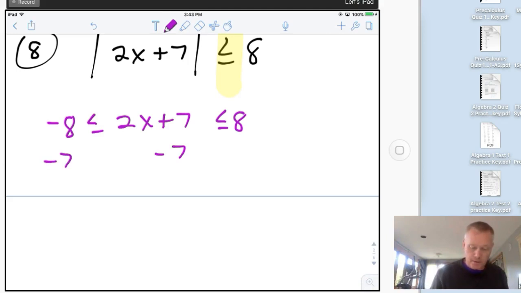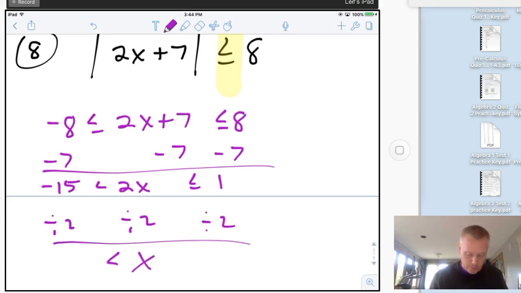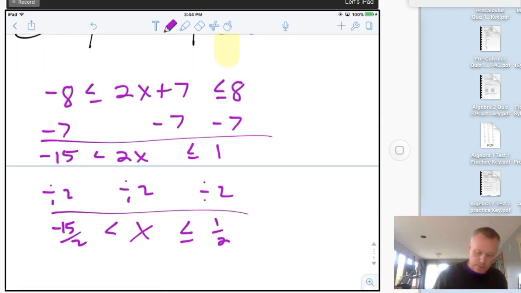After subtracting 7, I've got 2x, negative 15 and 1, and then divide by 2, and I get x is between negative 15 halves and 1/2. Okay, am I missing anything? Did I drop the or equal to line under it?